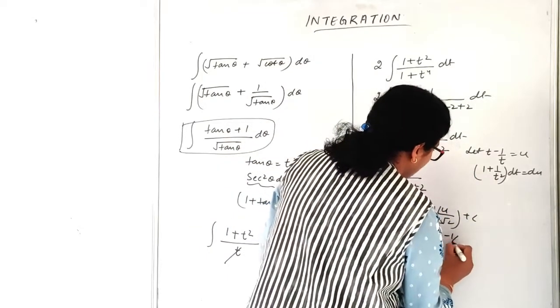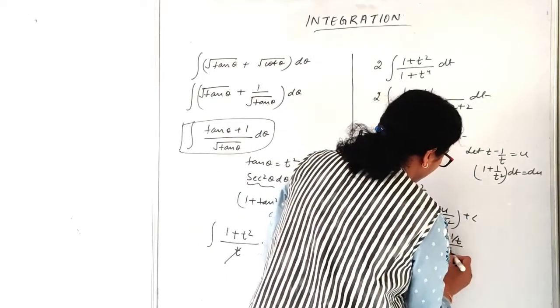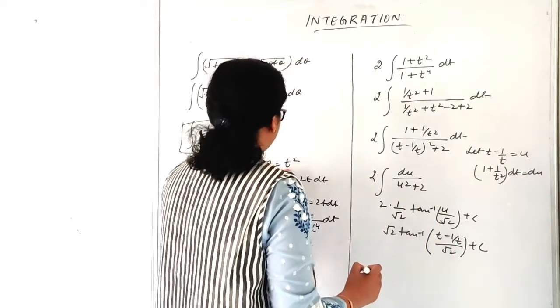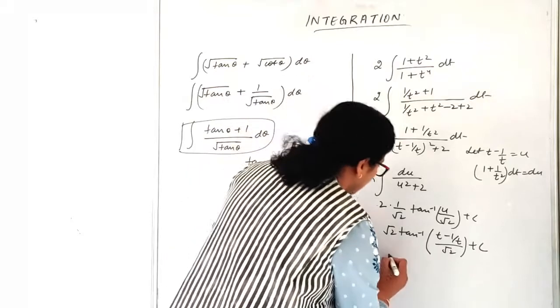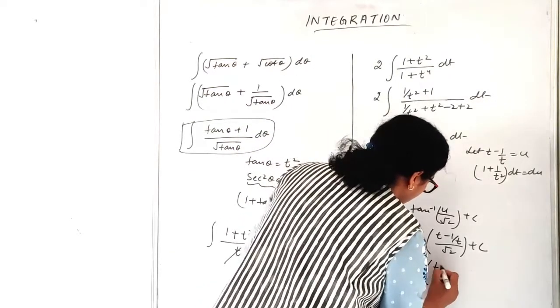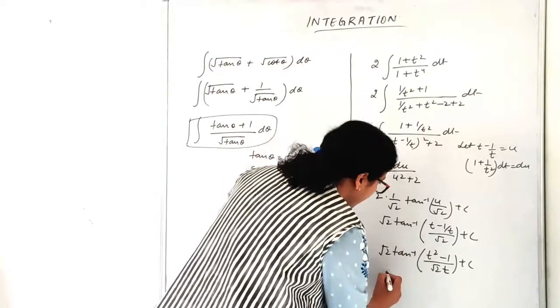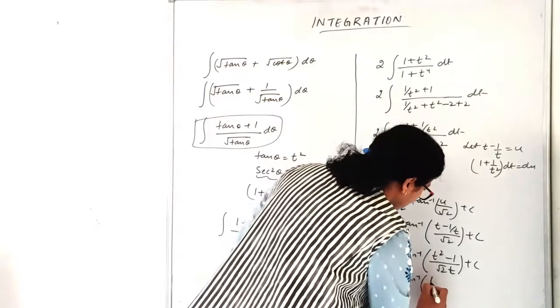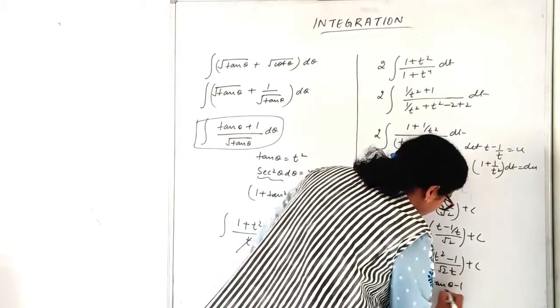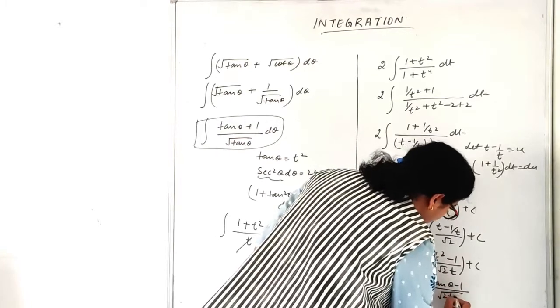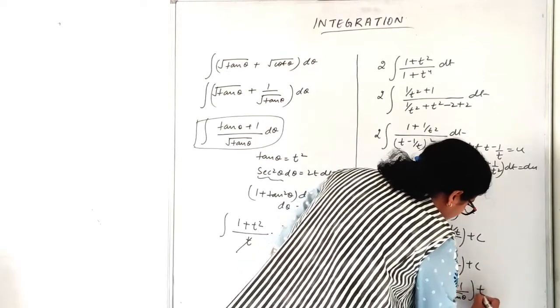So (t minus 1 by t) upon root 2 plus c. Substitute the value of t also, that is root tan theta. So it will become root 2 tan inverse. First solve this. Substitute the value of t. So t square is tan theta. So (tan theta minus 1) upon root 2 tan theta, plus c.